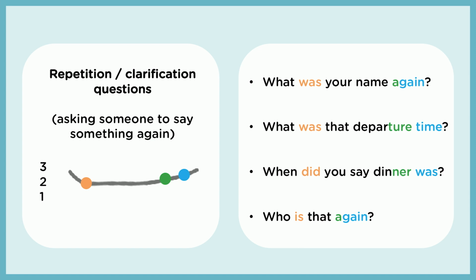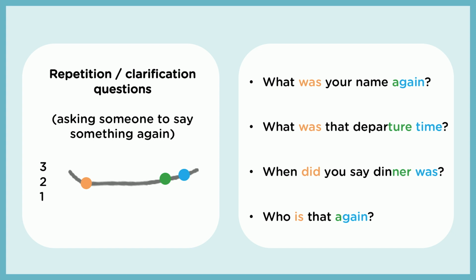This is another type of question. So we call this type repetition or clarification questions. Basically, it's when you ask somebody to say something again or for a second time. Right. So I could be feeling really forgetful today. You've told me your name, but I missed it. So I'll say, what was your name again? J. Got it. Won't forget this time.